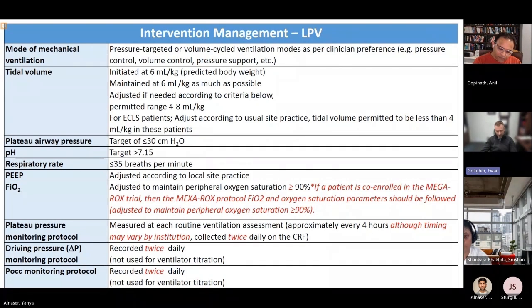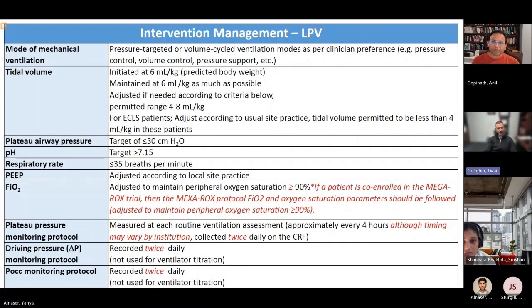But otherwise, we really want to keep the tidal volume 6 mL per kilo. And adherence to this target is kind of critical for the experiment to work. Because if the driving pressure strategy actually allows tidal volume to increase in some patients, we're only going to see the effect of that if the tidal volume is maintained closely at 6 mL per kilo in the control group.